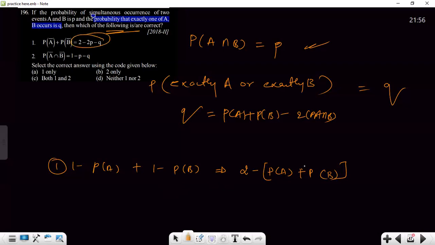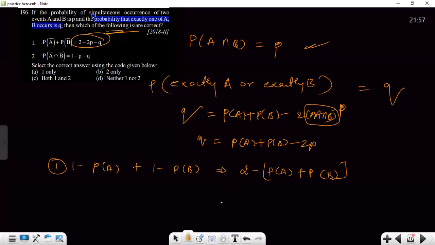So first, let's discuss how we can find out probability of A plus probability of B. Probability of A intersection B is P. So Q is equal to probability of A plus probability of B minus 2P.